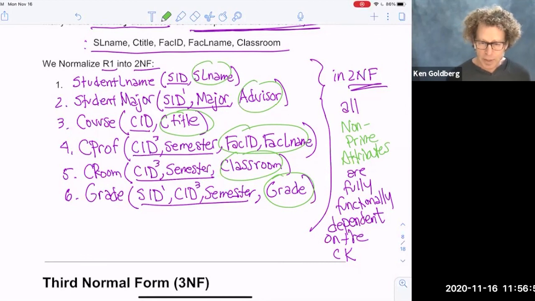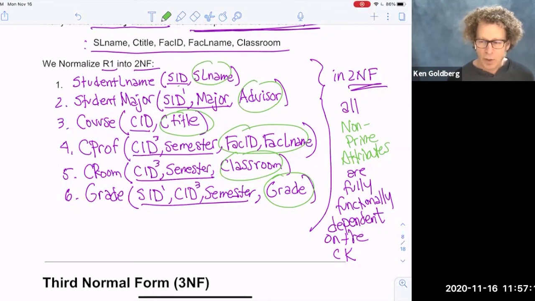The non-prime attributes in green here are fully functionally dependent on the student ID, on the candidate key. Does that make sense to everyone?